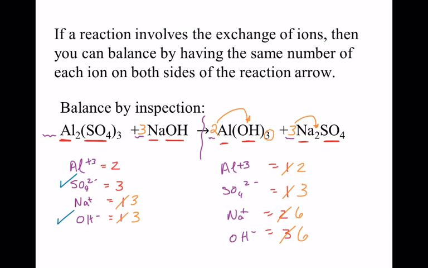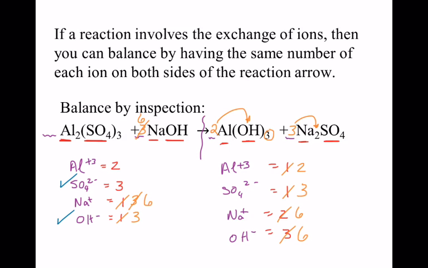I have 6. So notice that to get 6 hydroxides on the reactant side, I'm going to cross out that 3, it's looking messy, you can erase it, and I'm going to put a 6. And I'm going to update my sodiums and my hydroxides. So now if I update my sodiums, it's not 3, it's 6.